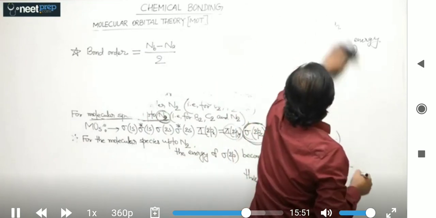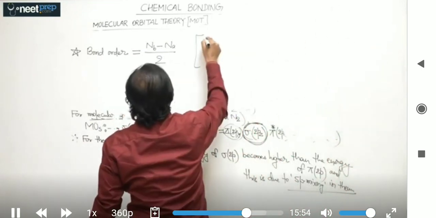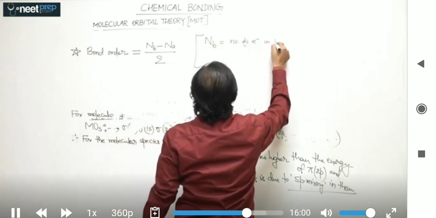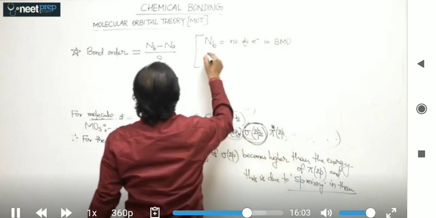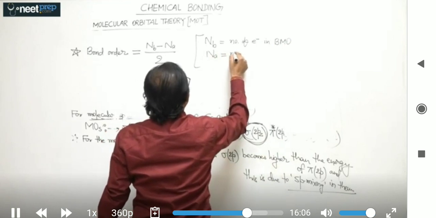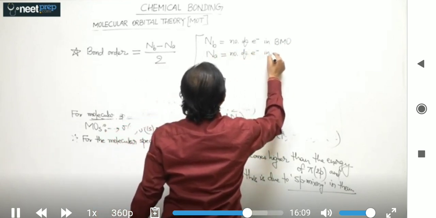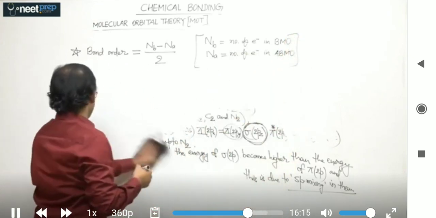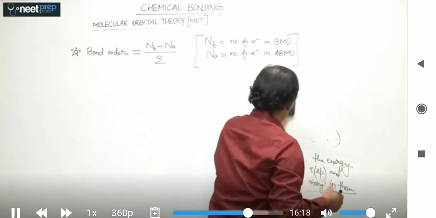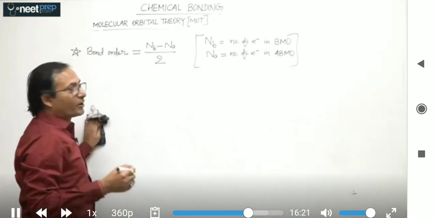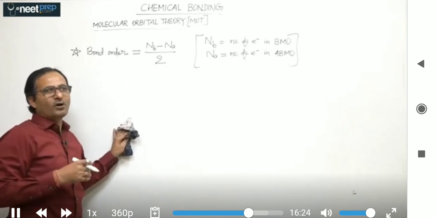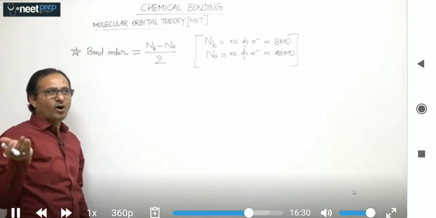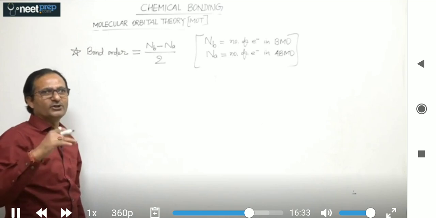And here Nb is the number of electrons in BMO and Na is the number of electrons in ABMO. According to Mott, the bond order may be integer or fractional or positive or negative or zero, everything.